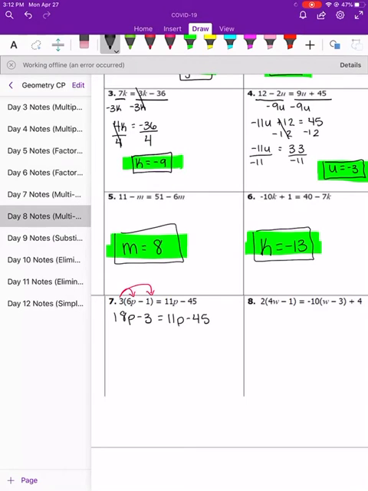So from here, I want you guys to go ahead and solve. You guys should be able to solve everything out from here. Once you do that, you guys should get that p equals negative 6.